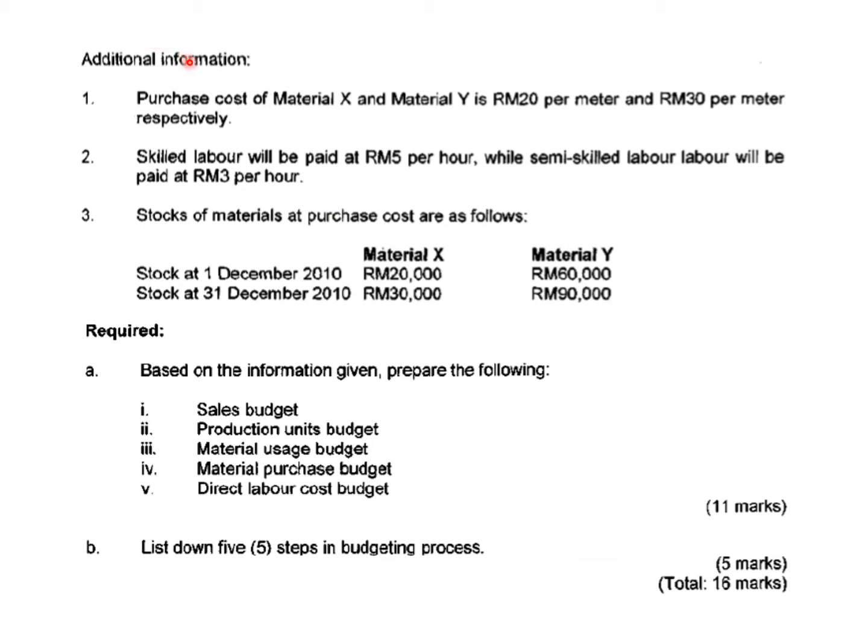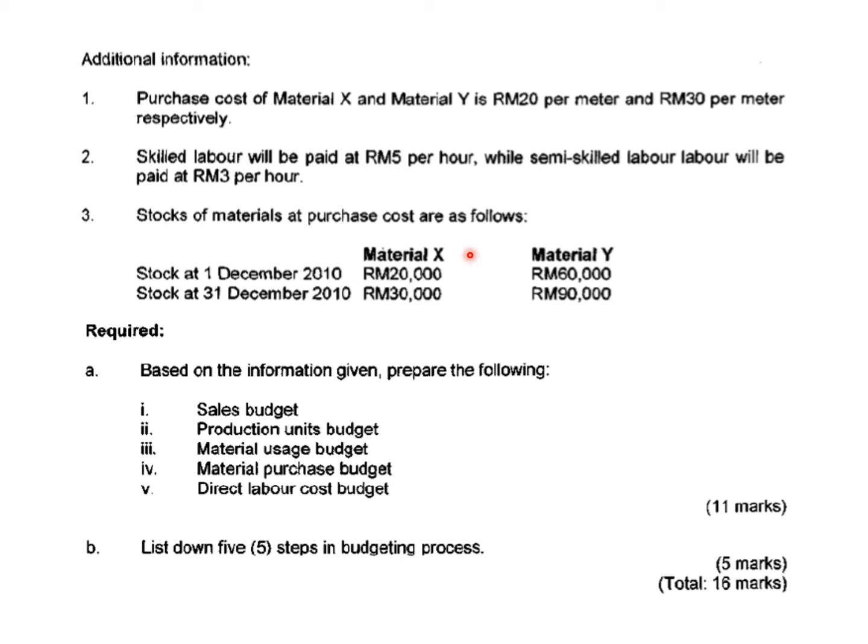The additional information is that the purchase cost of material X and Y adalah RM20 semeter dan juga RM30 semeter respectively. So, X 20, Y 30. Skill labor will be paid at RM5 per hour. Lepas tu semi skill akan dibayar RM3 sejam. Stock untuk material, okay, this one adalah stock untuk material. Dia ada 2 jenis stock. So, I harap you tak tertukar.